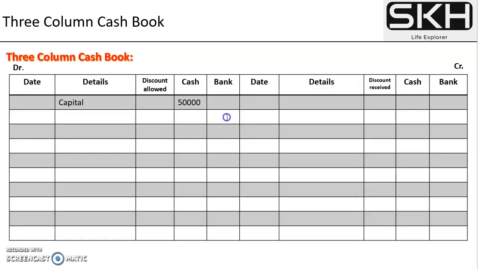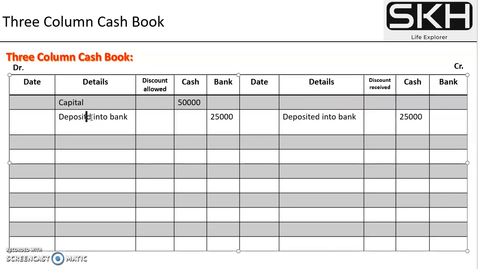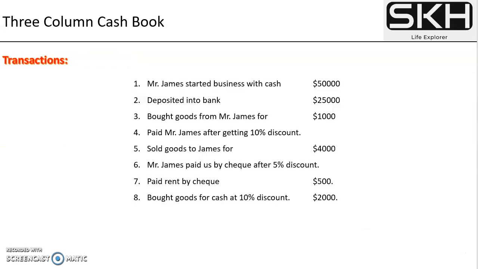So bank account will go up by 25,000, while the cash account will go down by 25,000. So I can write here deposited into bank, and I will use the same description on the debit side as well. So yeah, let's go to the next entry.